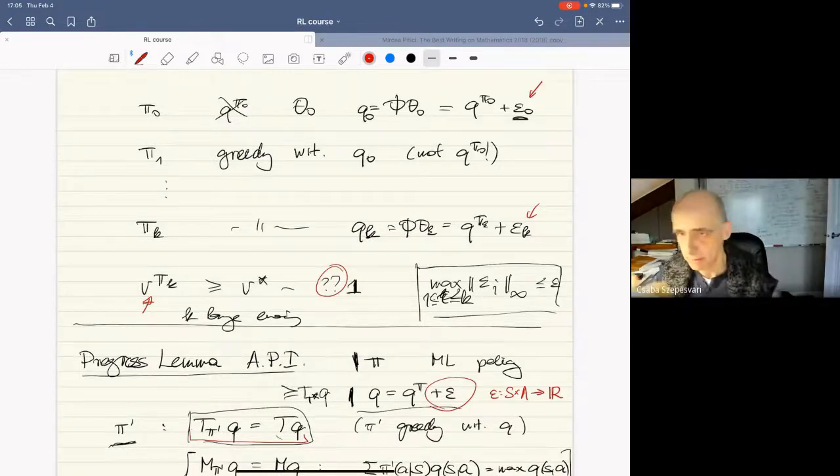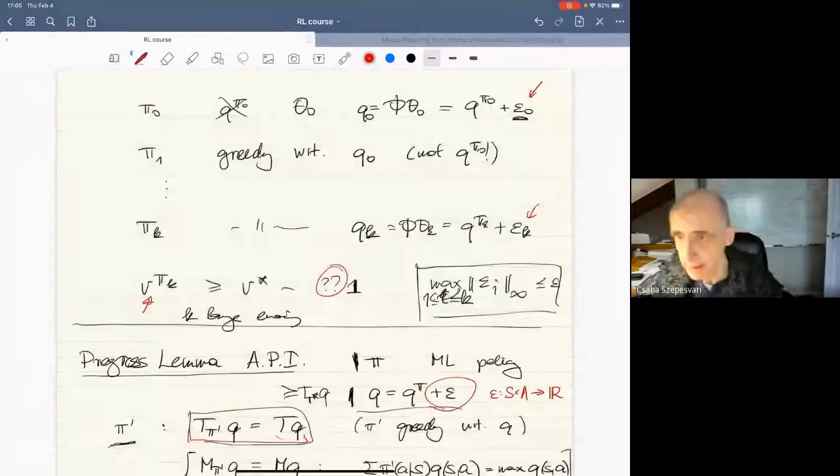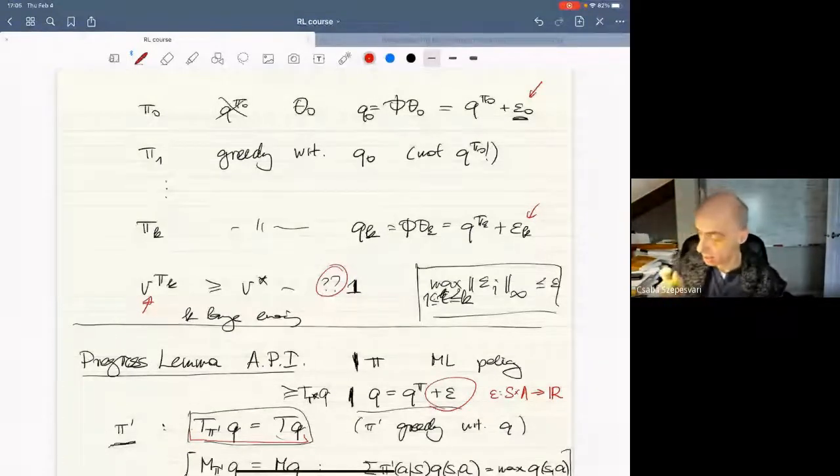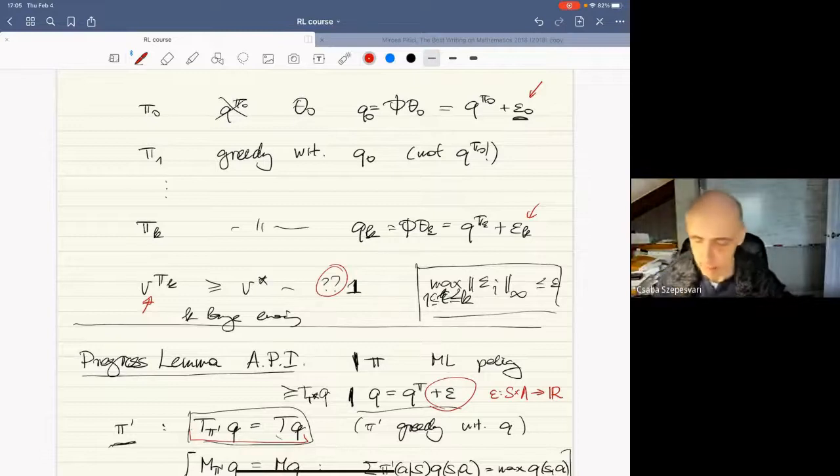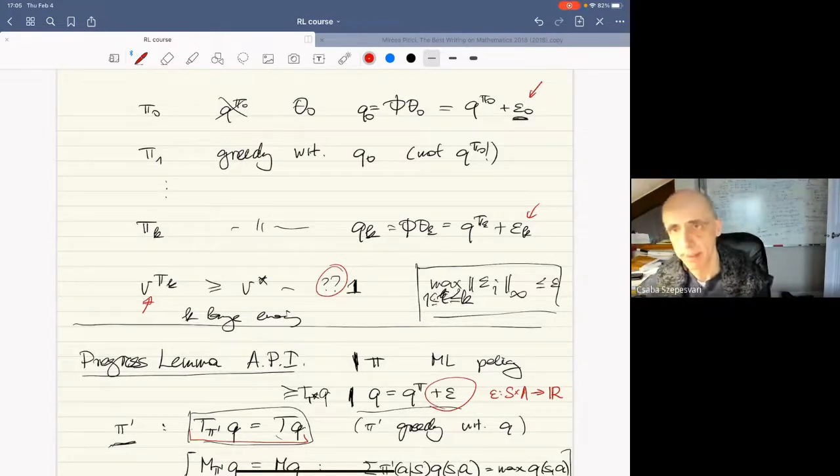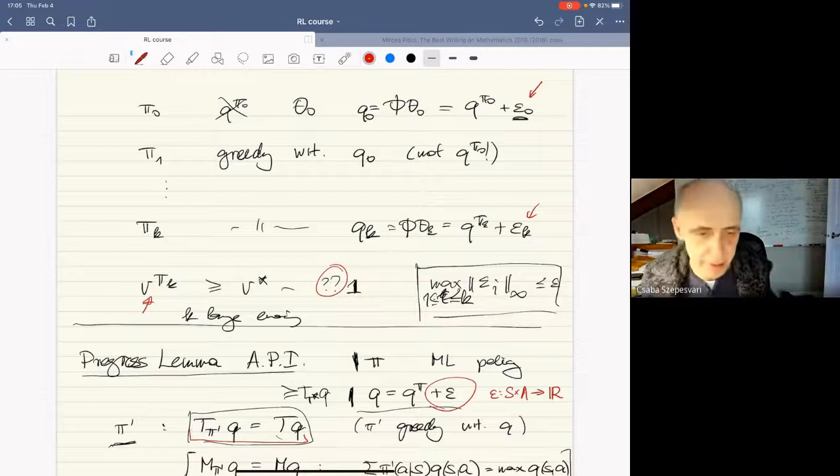Therefore, at the end, if the number of iterations is high enough, the truncation length is high enough, and the number of trajectories per core state that come from the Kiefer-Wolfowitz theorem is high enough, but all of these are polynomially relevant quantities, then you can get an error which is roughly of the size of the approximation error times square root of d times some universal constant like 5.